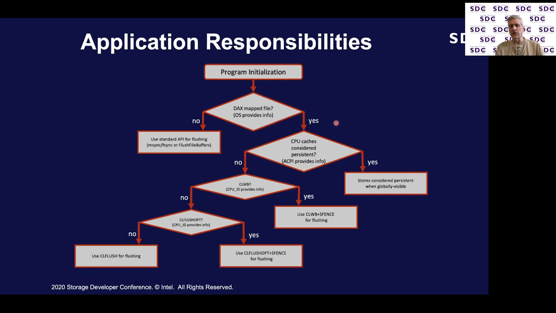You can find this diagram in my slides or online if you want to go through it more carefully, but mostly you can see in the middle here is a question: are the CPU caches considered persistent? And if they are, then you don't have to worry about the flushes. You can just consider things persistent as soon as they're globally observable. On the other hand, if the caches are not considered persistent, you're back into this cache flushing mechanism.